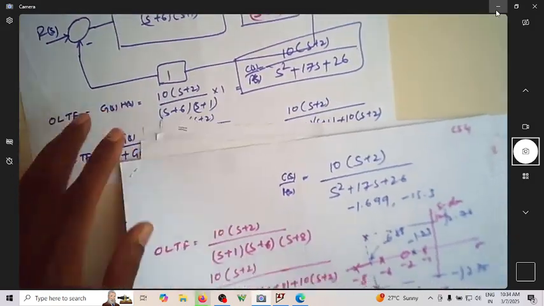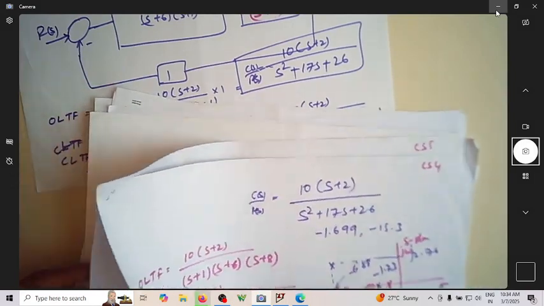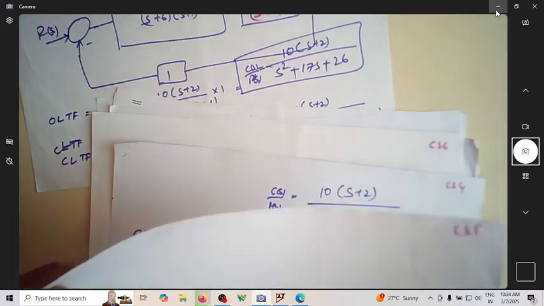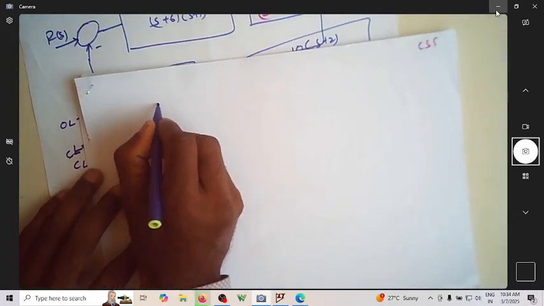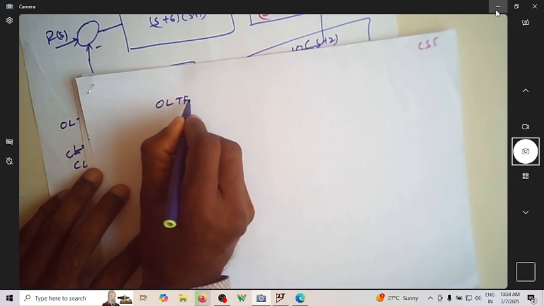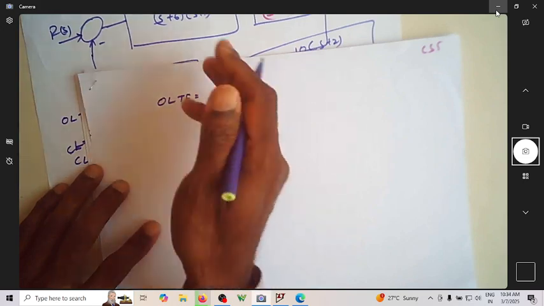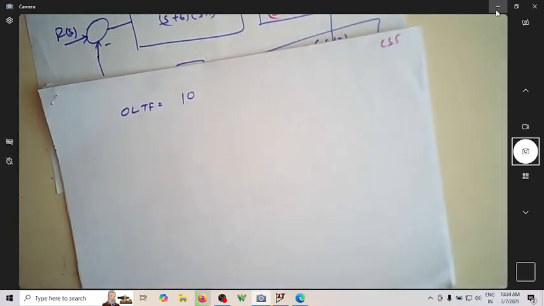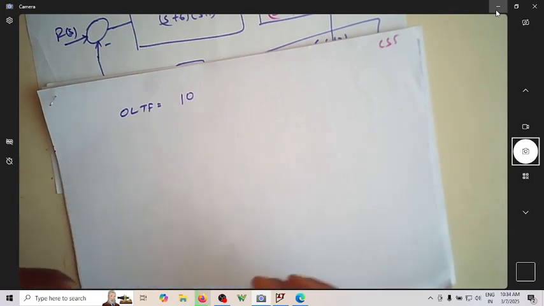So now if I add a zero at s plus 3, what is your open loop transfer function? I hope it is okay that this is mathematics, but we are trying to relate this mathematics in coming days to an electronic circuit or an application, to find out what the impact of this is on the response of the circuit.